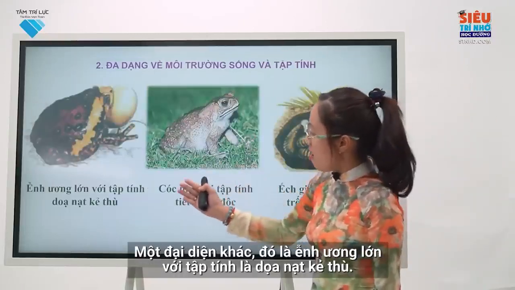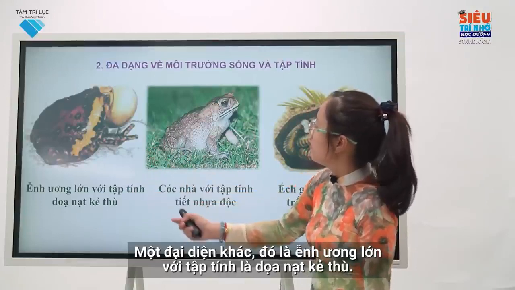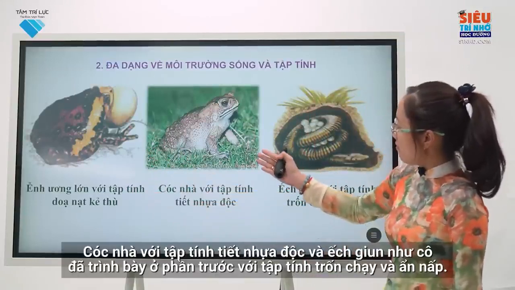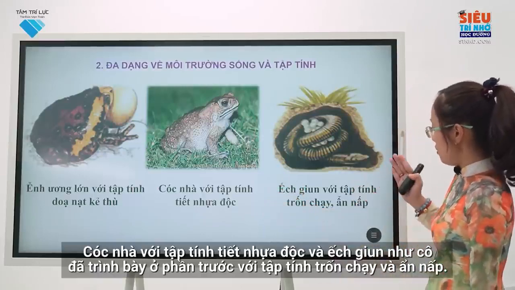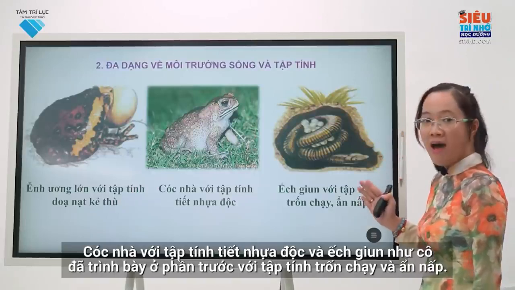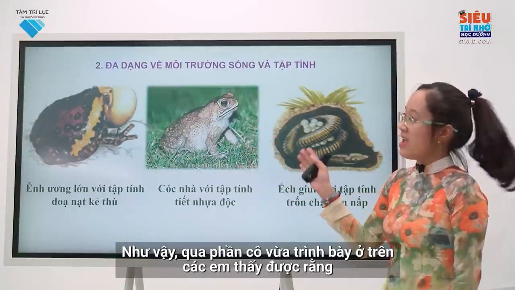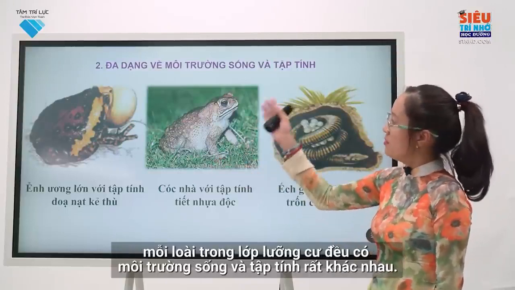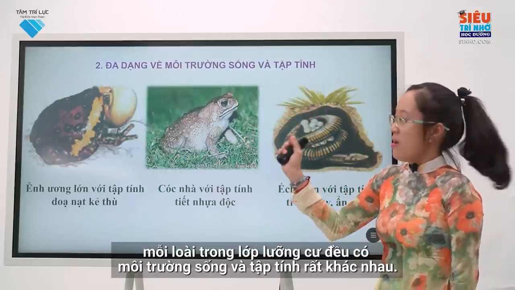Another representative is the large banded bullfrog, whose behavior is intimidating the enemy. The house toad secretes a poisonous resin, and the Ichthyophis glutinosus, as I described in the previous part, runs away and hides. Thus, you can see that each species in the amphibian class has a very different habitat and behavior.